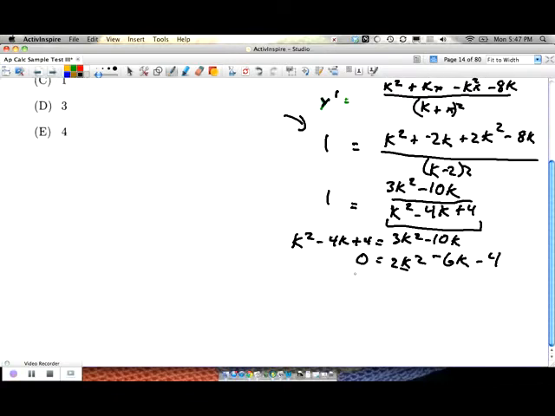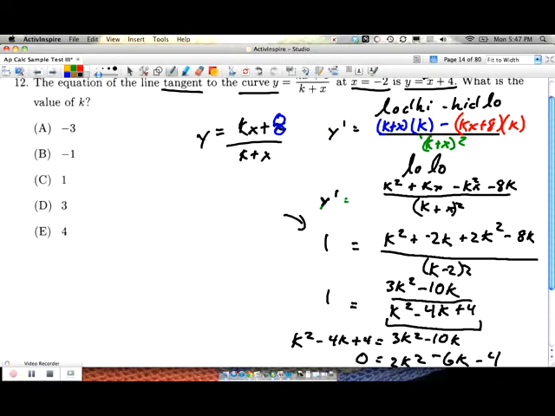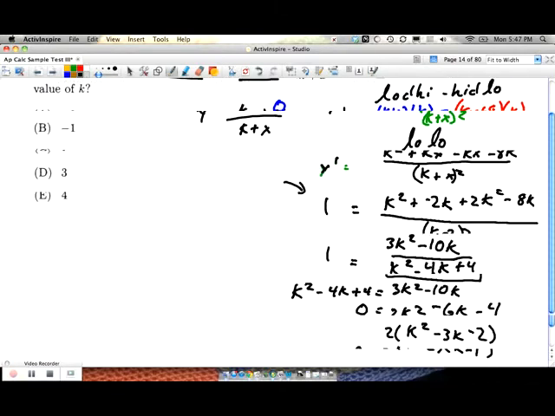Well, let's pull out the 2, then we have k squared minus 3k minus 2. I can factor that. So it's got k minus 2 and k minus 1 times 2 equals 0. Well, here's something that's interesting, because if you look at that, k would either equal 2 or 1.